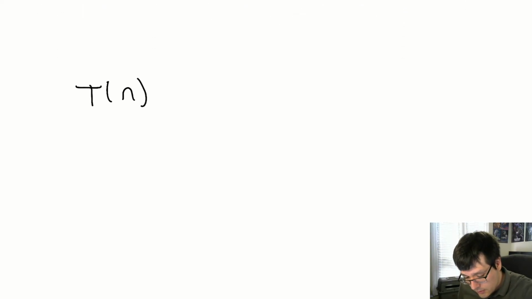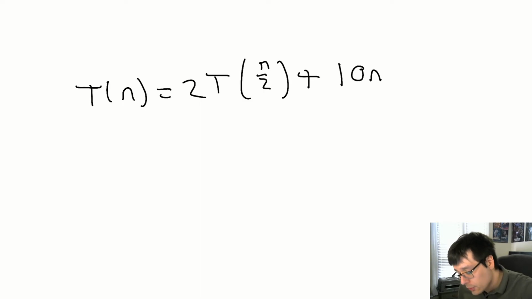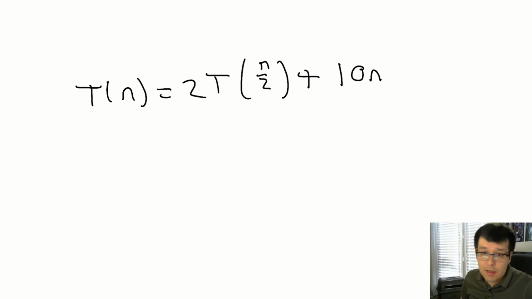Okay, let's do another one. Nah, this one's too close. You can do this one at home if you'd like. That's just too close to the one that we just did, because the only difference was 4n versus 10n. So I hope you can see how that one's just going to be the same thing.